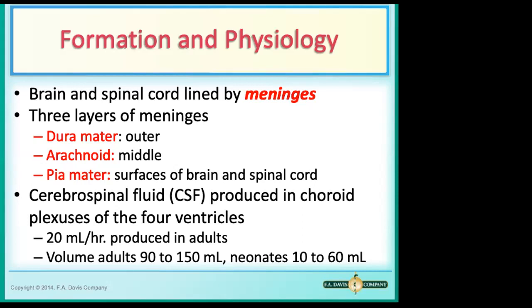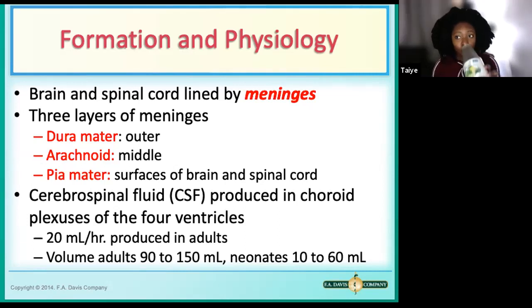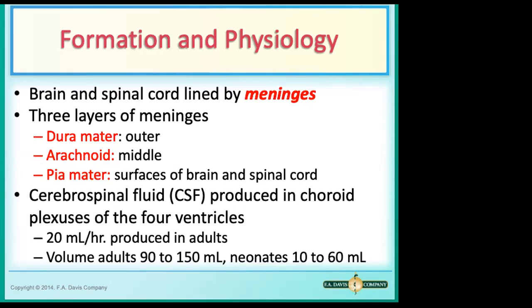So the brain and the spinal cord are lined by something called the meninges. There are 3 main layers of these meninges: the dura mater, the outer layer, the arachnoid, which is the middle layer, and then the pia mater, which covers the surfaces of the brain and the spinal cord.